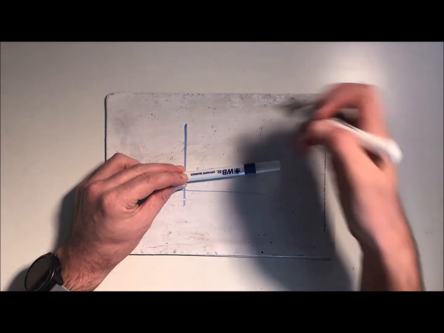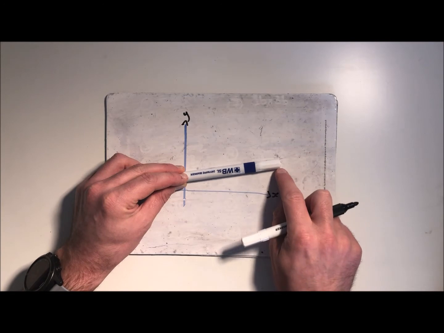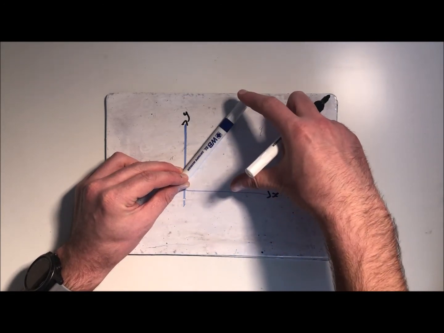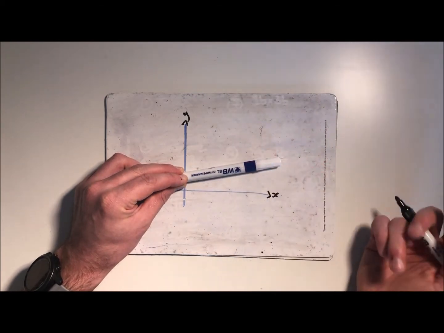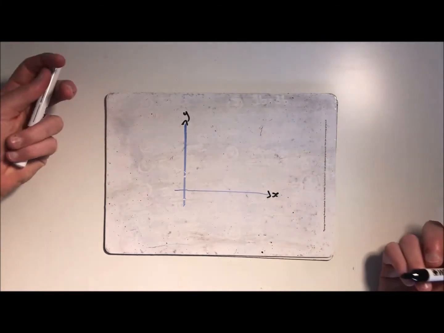Similarly in the y direction, this is the y, this is the x obviously. As you make it more steep, the gap in the y actually gets bigger, and the gap in the y gets less as you make it less steep. So it's all about how much is changing in the y direction and the x direction.